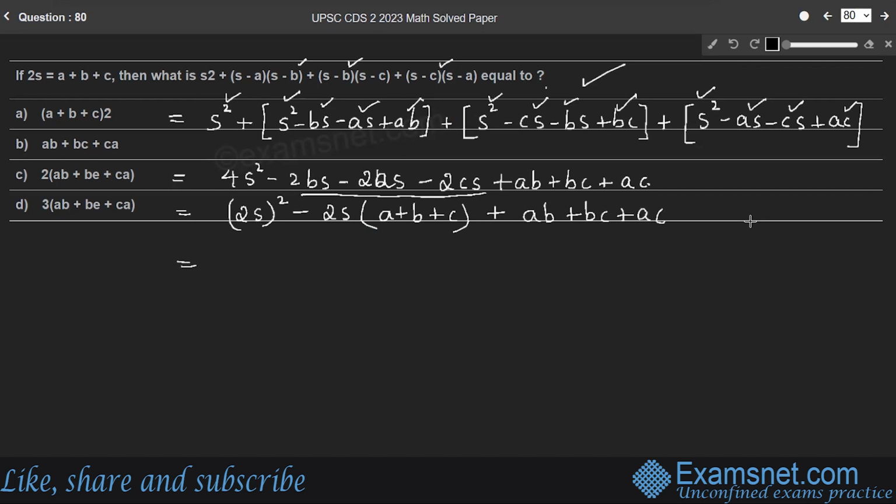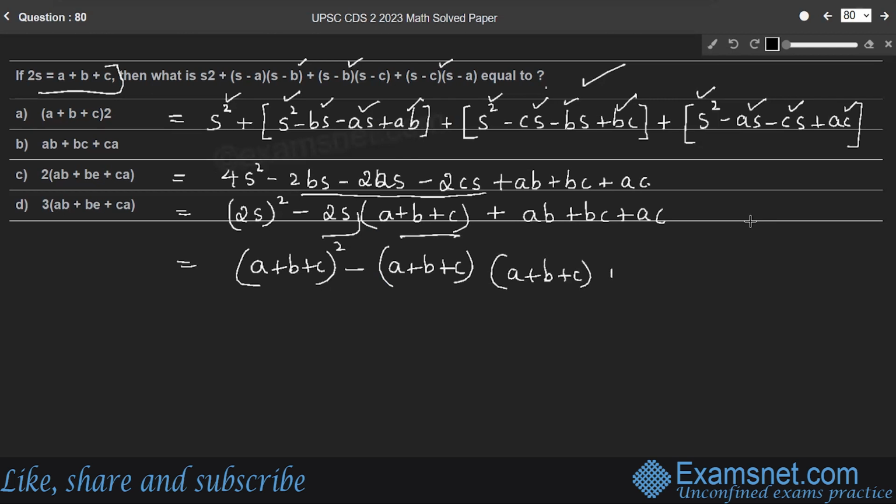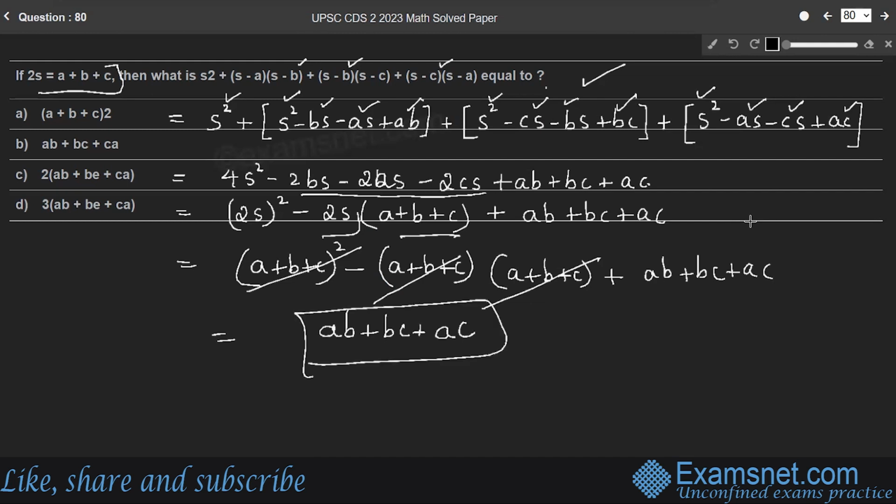Since 2s is a plus b plus c, which is already given, we have a plus b plus c the whole square, minus again 2s, which is a plus b plus c, into a plus b plus c, plus ab plus bc plus ac. So we can cancel a plus b plus c whole square minus a plus b plus c whole square. Therefore, we are left with ab plus bc plus ac or ca. So option B is the right answer.